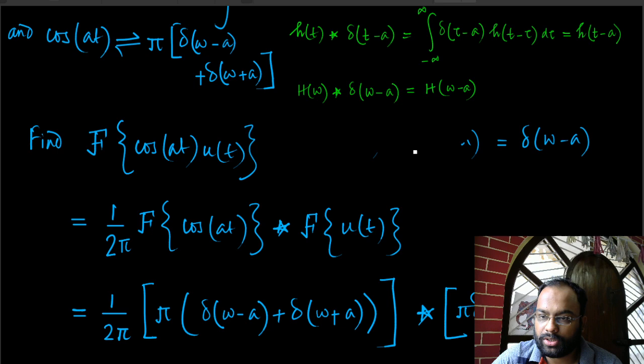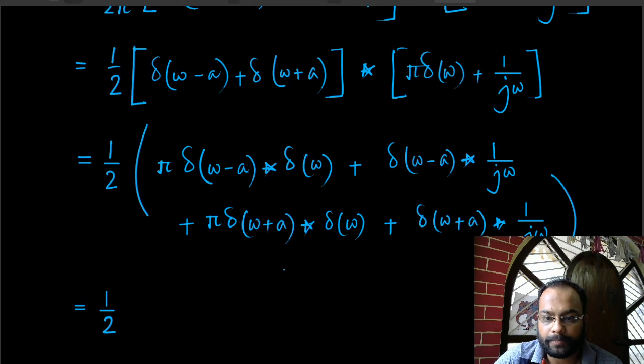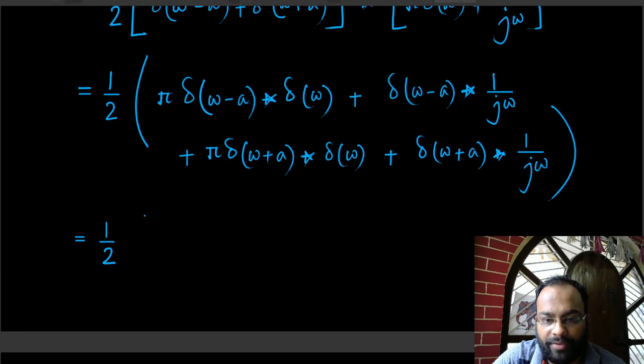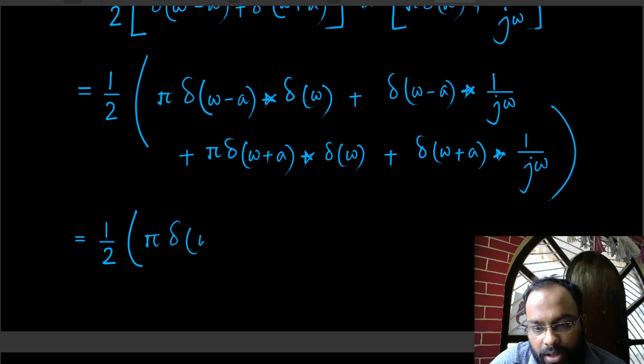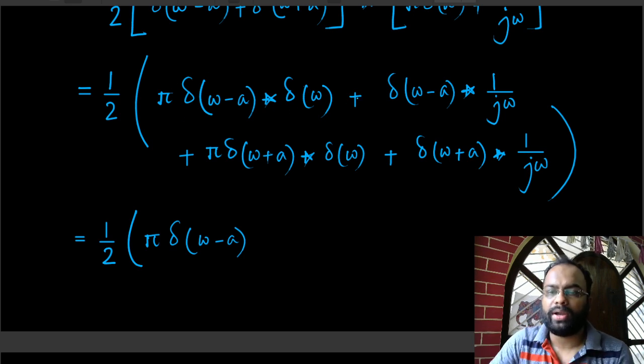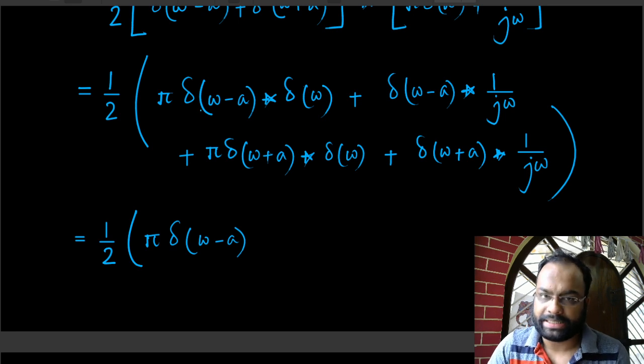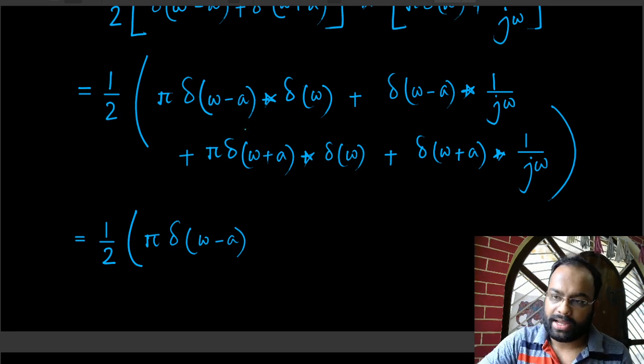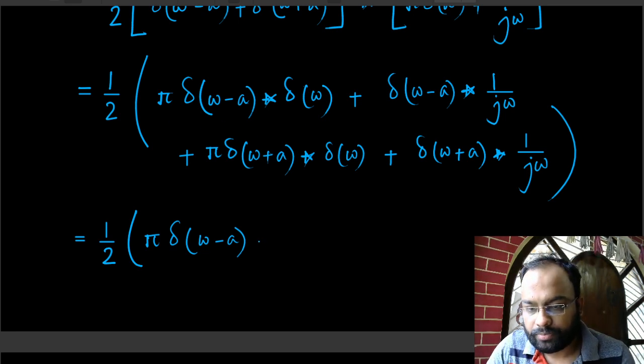So we have half, and we have pi times delta omega minus a. You can also think of this the other way, that we are convolving this signal with delta omega. Whenever we convolve anything with delta omega, that signal does not change, so the other way around also works.